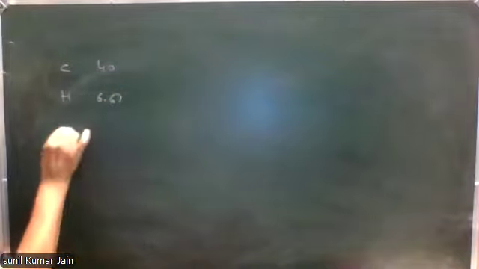Atomic weight 12, 1, 16. Atomic ratio will be this divided by 12. This will come out to 3.33. This divided by 1, 6.67. This divided by 16 will be 3.33.